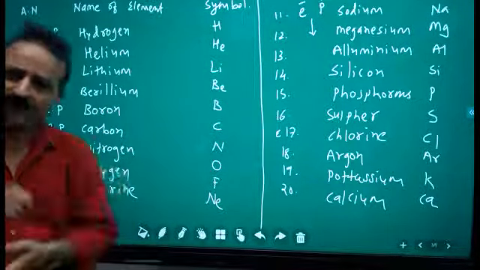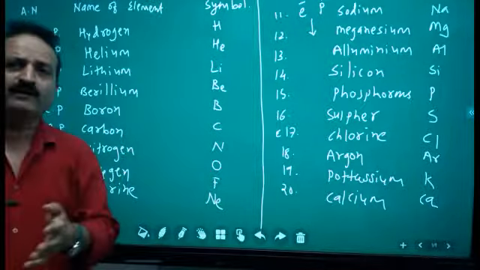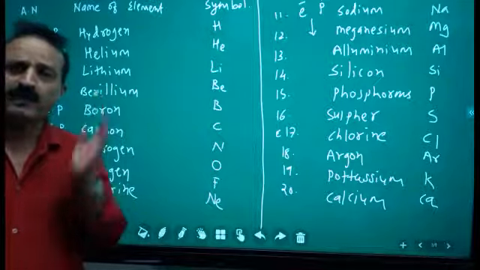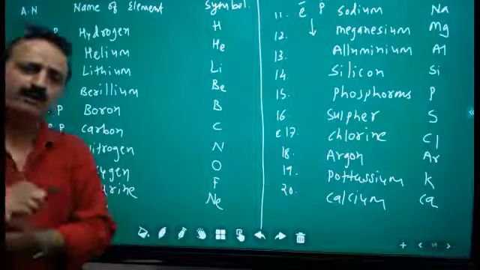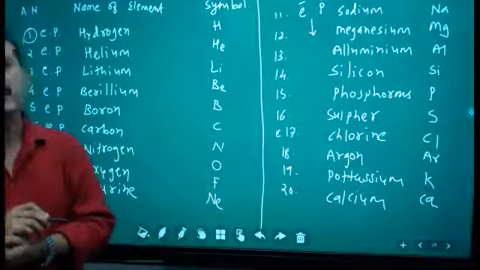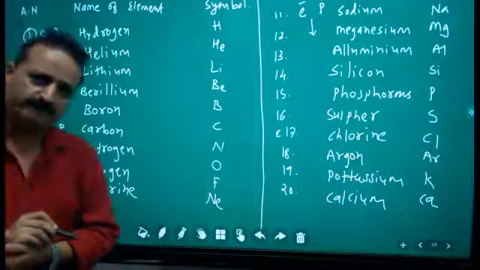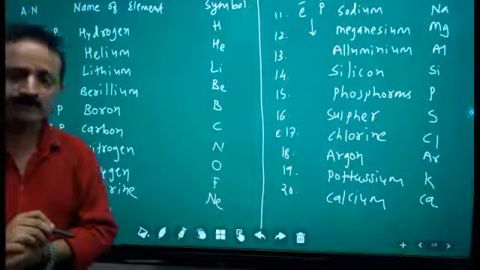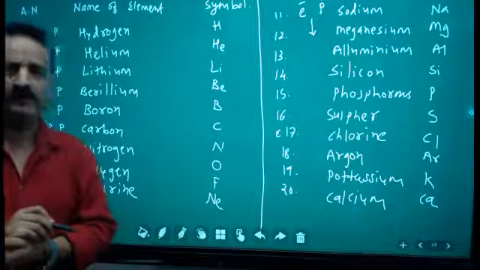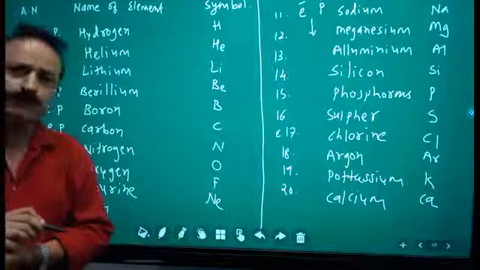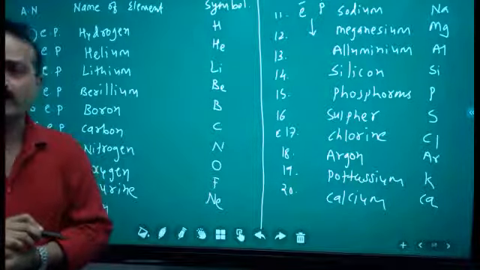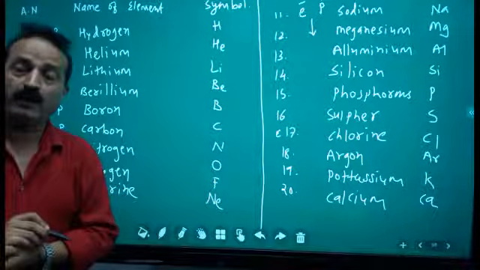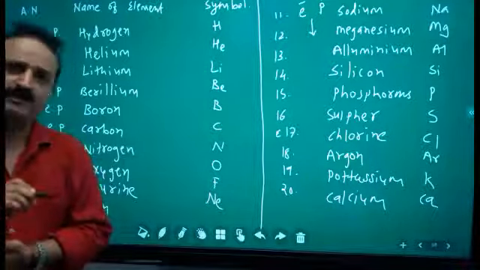Nitrogen atomic number 7, so 7 protons are present in nitrogen and 7 electrons. Neutrons are not the same number in every element. It depends on the atom structure, and the availability of neutrons is different in different elements. So we cannot say that the number of protons, electrons and neutrons are the same in an element.